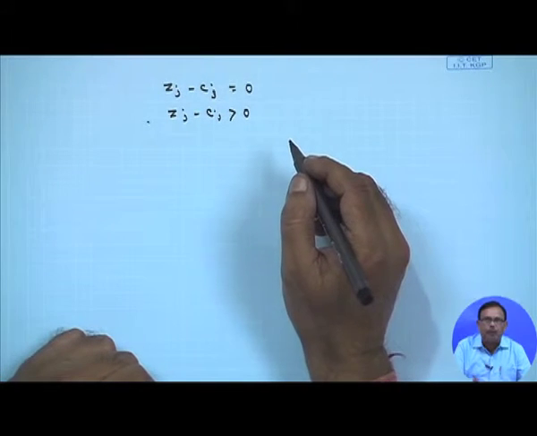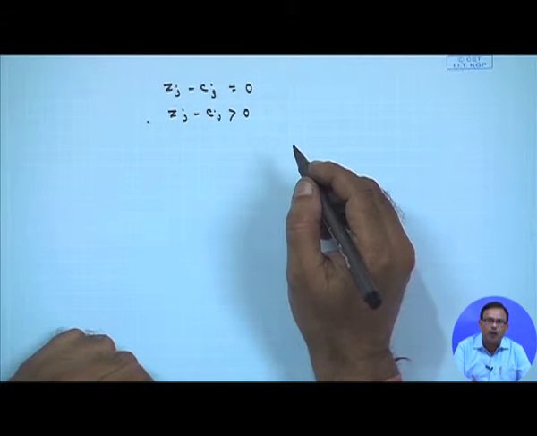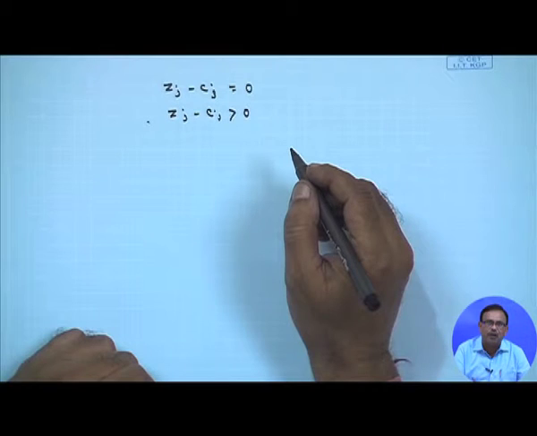In general, for optimality, Zj minus Cj should be greater than or equal to 0. So Zj minus Cj should be 0 for basic variables and greater than 0 for non-basic variables. So, this we will see.